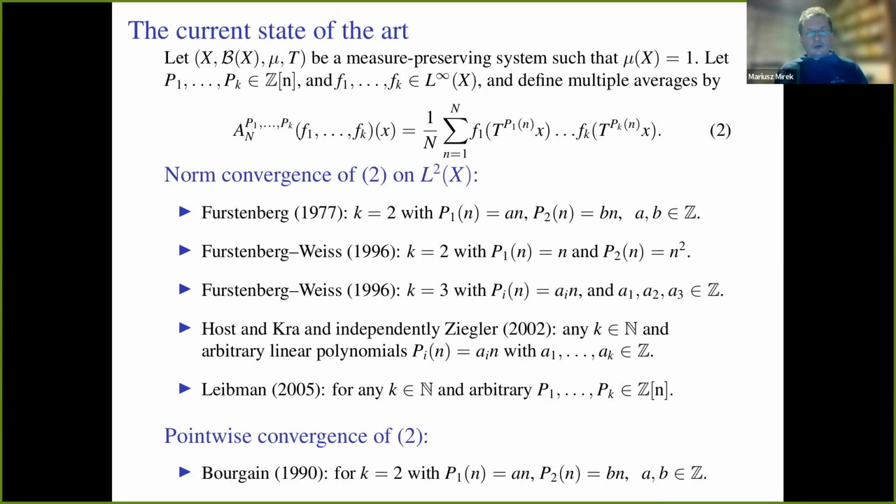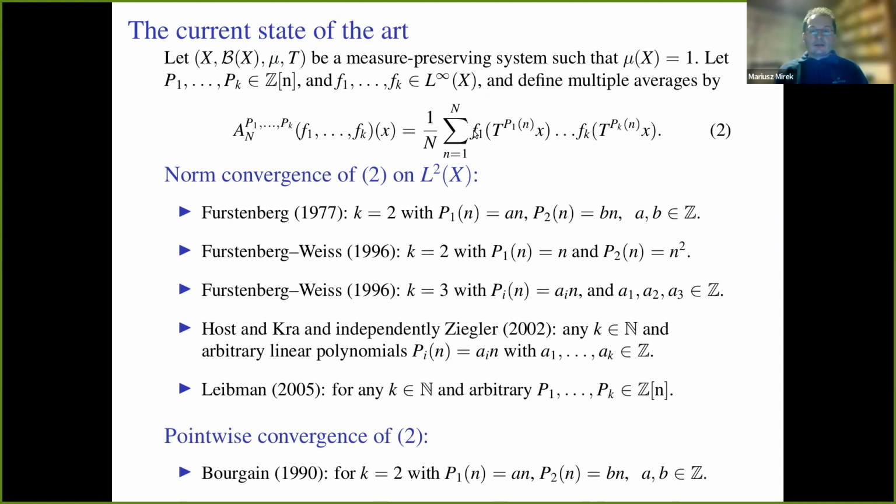So let me tell you a few words about the norm convergence, because it identifies what's the limiting behavior of the averaging operators of this form.